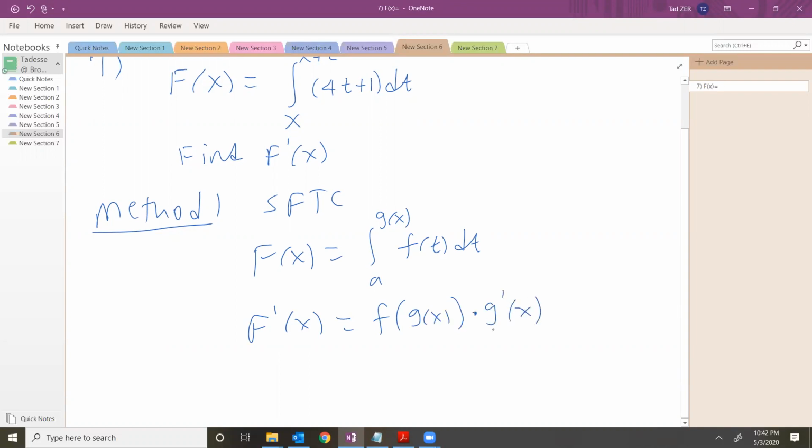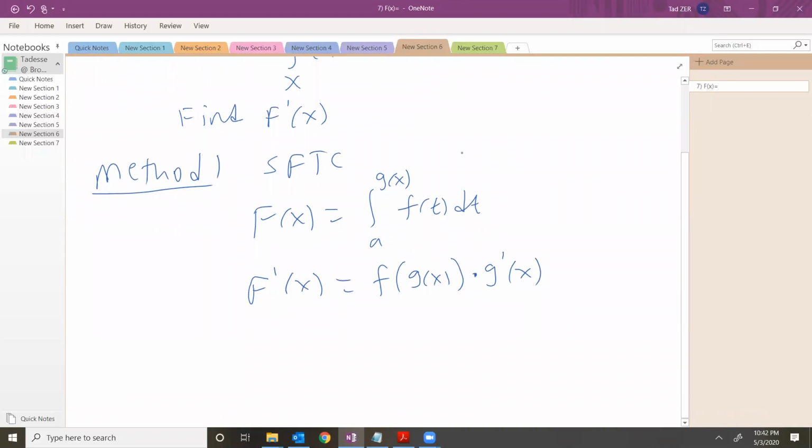But keep in mind that this function f should be defined on an interval I containing this point a, and the value of g of x also should be in this interval. That's very important. And the lower limit must be a number, the upper is a variable.